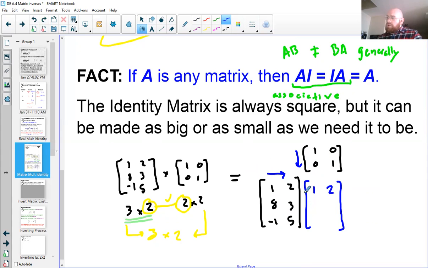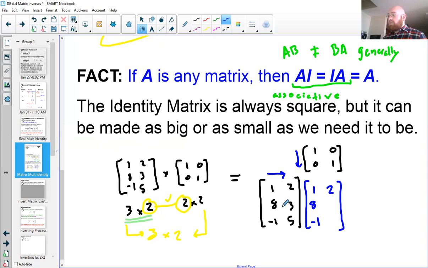And so you'll notice that all of the numbers in the first column will be times 1, and the second column will be times 0. So we'll get 8 times 1 plus 3 times 0, -1 times 1 plus 5 times 0. The second factors, because they are multiplied with 0, cancel out.